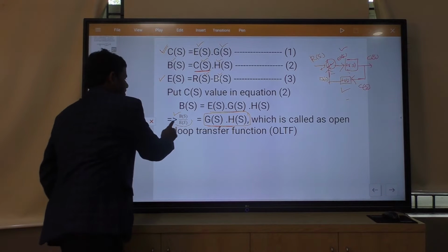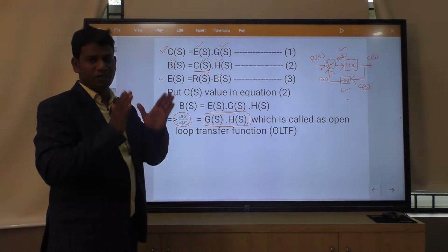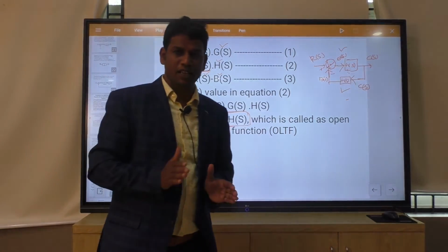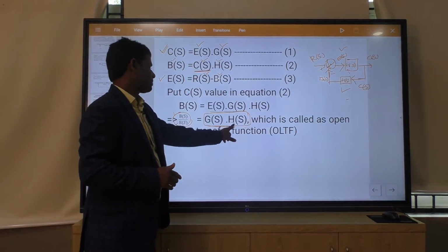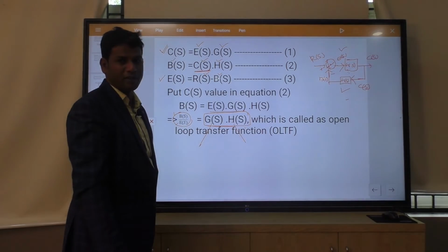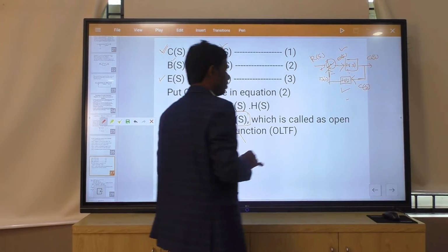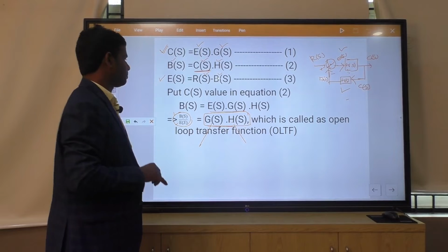So B(s) by E(s) is equal to G(s) into H(s), the open loop transfer function of a closed loop system. G(s) is the forward path transfer function, H(s) is the feedback.